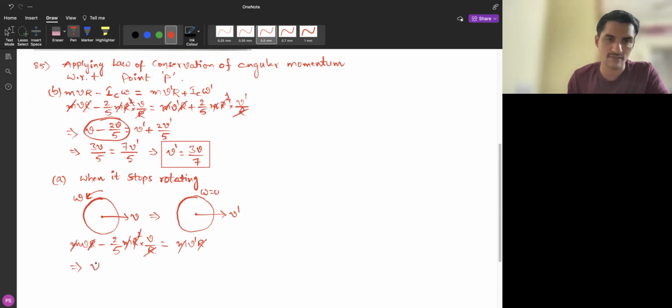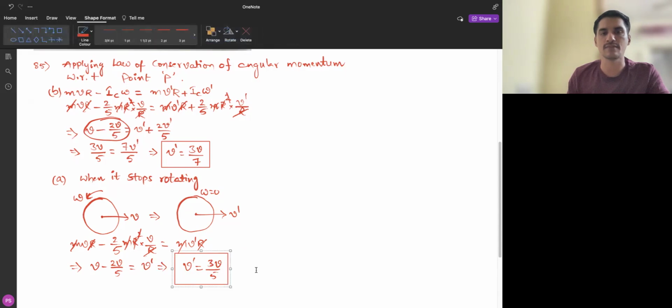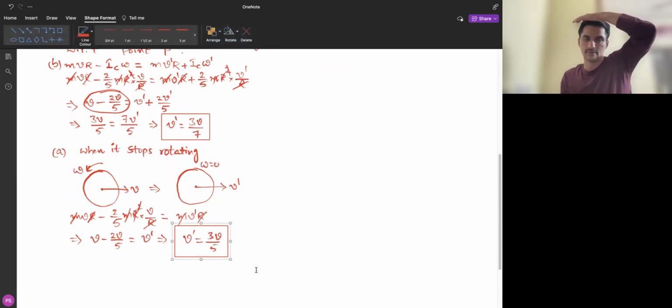Hence, I can write V minus 2V by 5 is equal to V dash. That implies V dash is equal to 3V by 5. This is the answer for the first case. Understand?